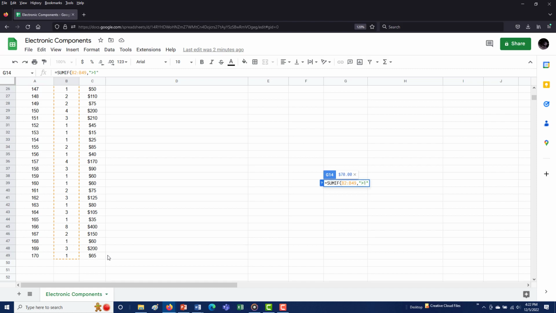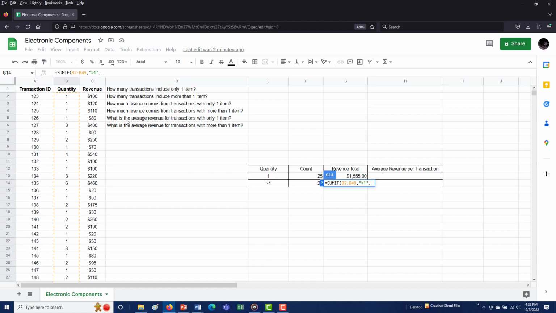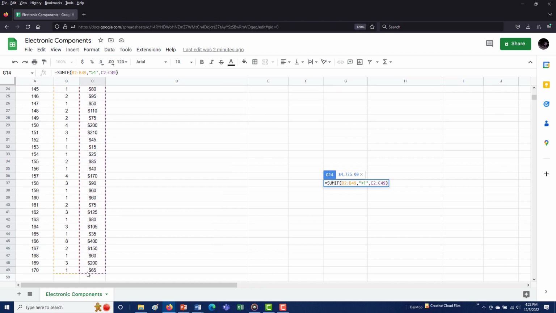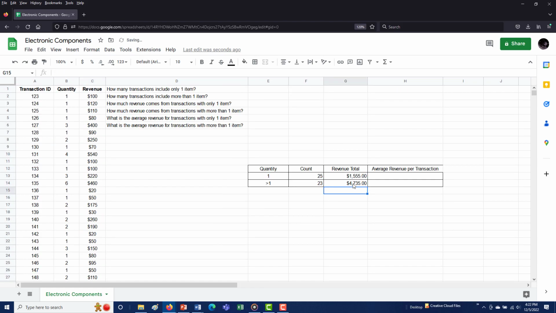We close, select column 2, which is C2 to C49, close parentheses, hit enter. We have our answer, 4735. So significantly more revenue generated for transactions greater than 1 item. So we know immediately that that confirmed the marketing department's contention.